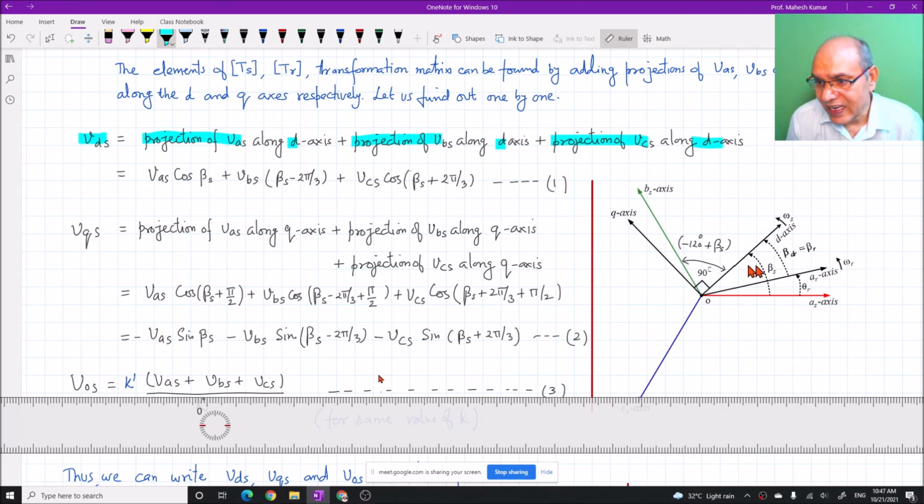So if you take the A axis and come along the D axis, what is its projection? It is cosine. So this is BAS into cos beta S. Then we have BBS into cos beta S minus 2 pi by 3.